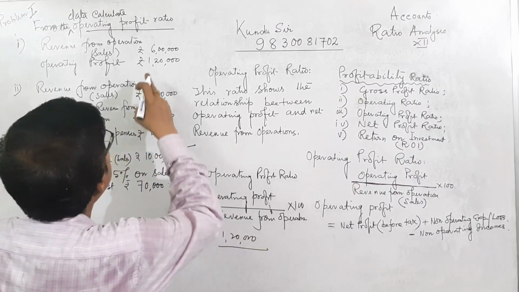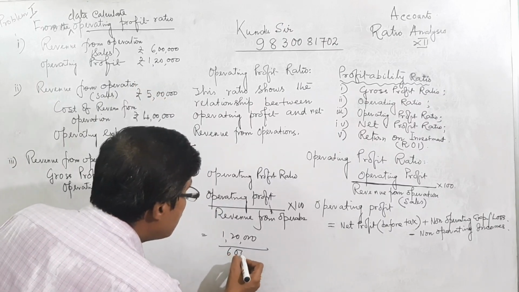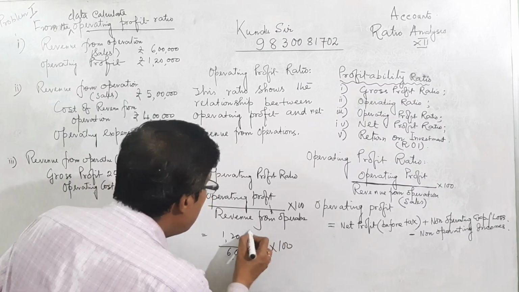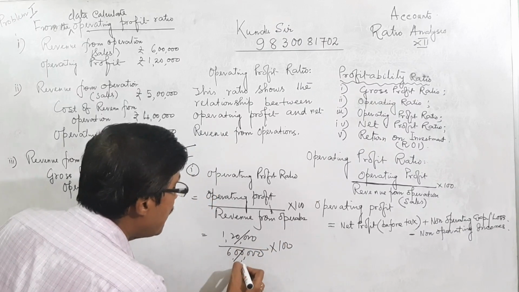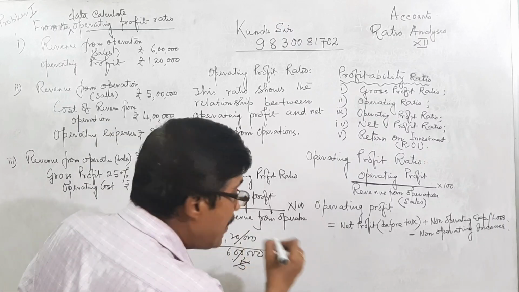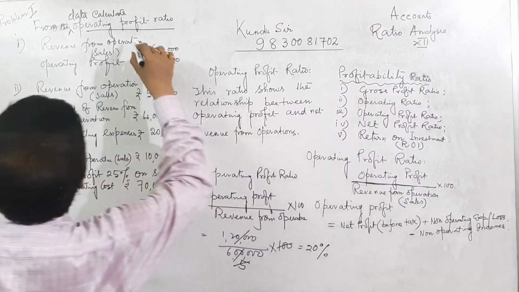1,20,000 divided by 6 lakh, that is revenue from operation, into 100%. Then we are cancelling, it is 5. Then it is 20% operating profit ratio for this problem.